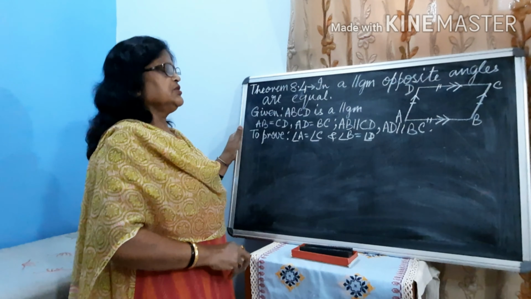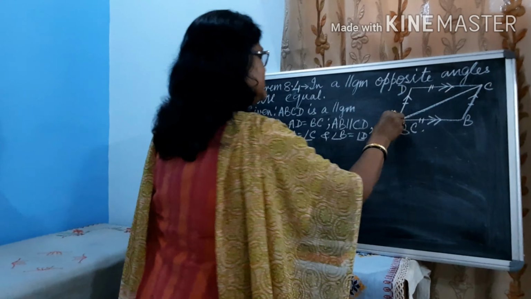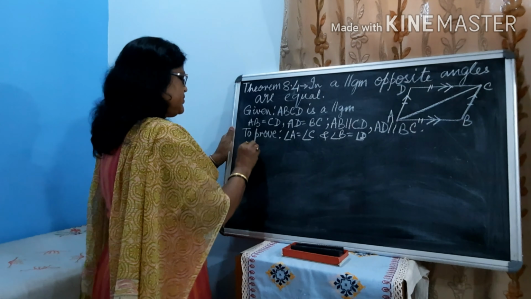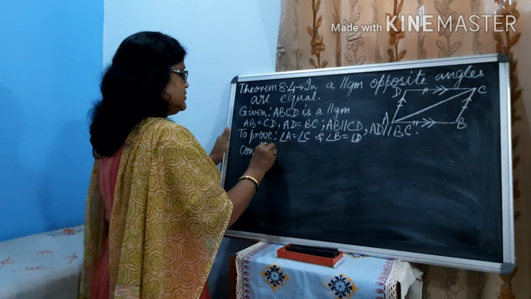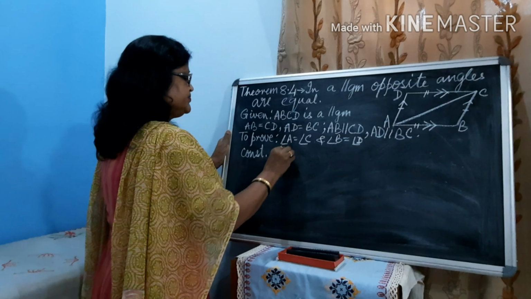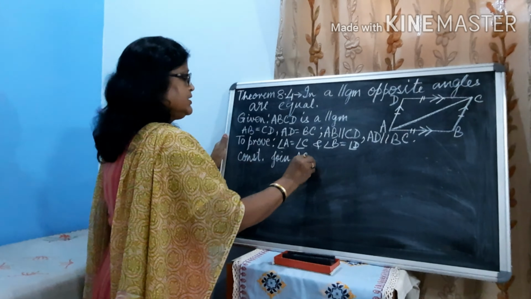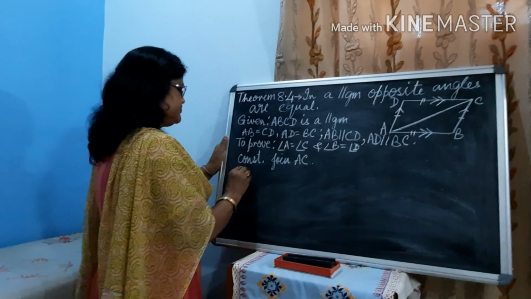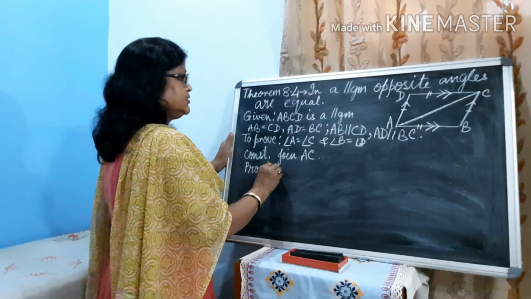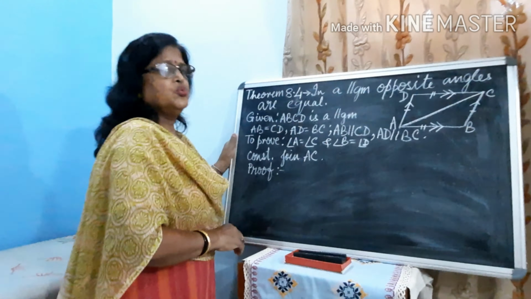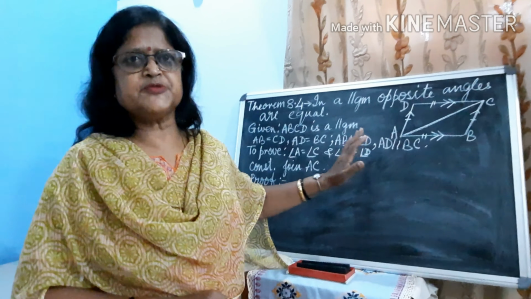Now let us join A to C. Write construction step: join AC. Now start proof. We will take the concept of parallel line and the transversal.